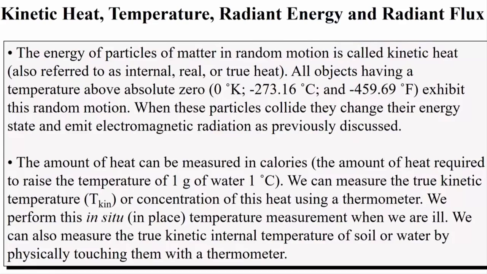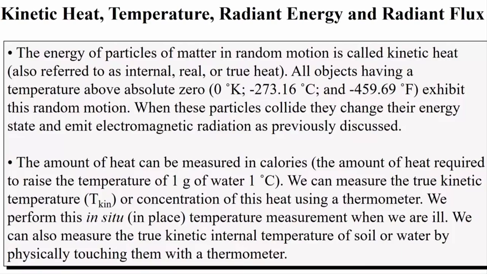Like we have already talked about previously, all objects above absolute zero are going to emit thermal radiation. Now the amount of heat can be measured in calories. A calorie is defined as the amount of heat required to raise the temperature of 1 gram of water by 1 degree centigrade. We can measure the true kinetic temperature, or concentration of this heat, using a thermometer.